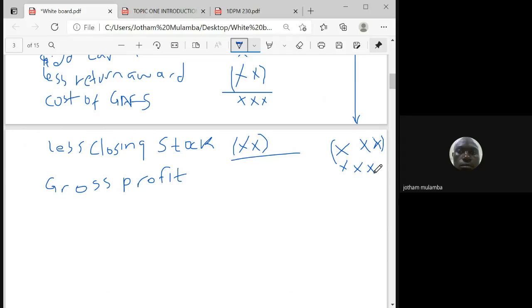Once you have gotten gross profit, we'll also add other income. I'll give you an example. All of us have used Kenya Institute of Management for classes. Have you ever seen a business within that particular building that does not belong to Kenya Institute of Management?